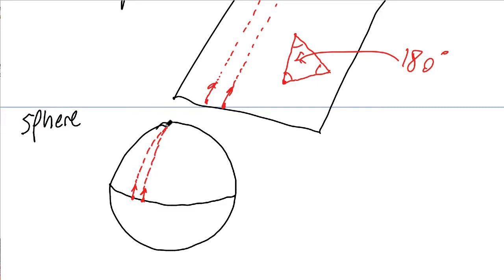In fact, the way I've drawn it here, they meet at the North Pole. We have another ant who traces out a triangle, so the ant walks straight ahead, then turns, walks straight ahead, makes one last turn, and closes the triangle. If the ant measures these angles, they add up to something other than 180 degrees. So you can see that the geometry of the sphere is distinctly different from the geometry of the Euclidean plane.